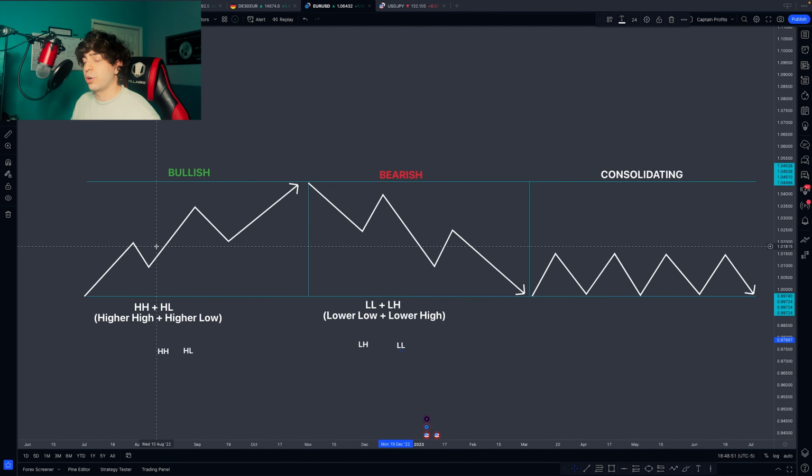For this bullish trend right here, I'm gonna mark the points that either represent a higher high or a higher low, so you get a good grasp of this. So first we have this higher high right here because this area is higher than this previous area, and it's a high for price. Then we have this pullback that occurs. This is a low, but it's a higher low, and this is because price did not go all the way back down to this previous low.